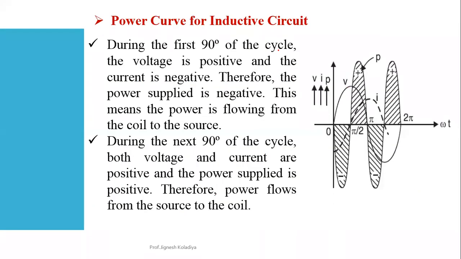So let us see the power curve for the inductive circuit. Now, as the voltage and current have a 90-degree delay, what happened? Up to 90 degrees, you can see when voltage is positive, at that time the current is negative. That means the overall power I'm getting is on the negative side.